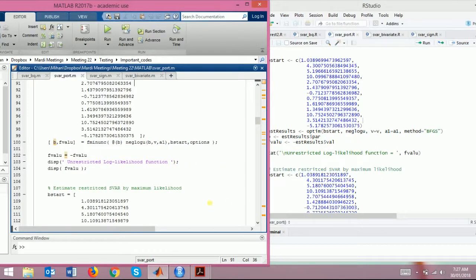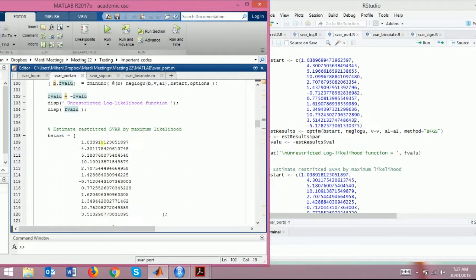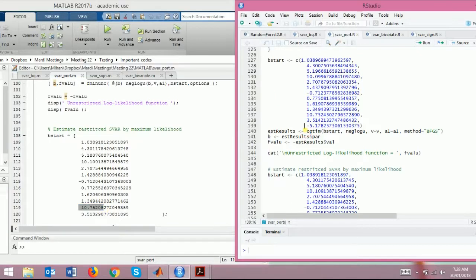Here, let me check. Let's just compare. See, with this 1, 4, 5, 10, 2, 1, minus 1, 7, 1.6, 10.75. Is this the restriction place? No, 10.75 is there. 3.5, 10.75, 3.5, minus 5 is not here.